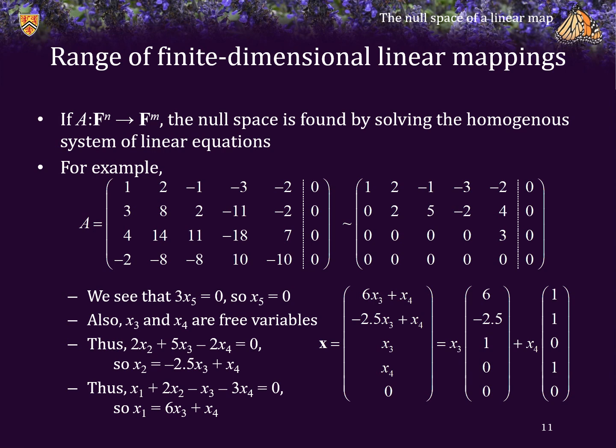Thus, our solution vector is shown here, and we see the solution vector is a linear combination of two vectors. You will notice that these two vectors are linearly independent because the vector corresponding to the free variable x3 is the only vector that has a non-zero entry in the third position, and the vector corresponding to the coefficient x4 is the only vector that has a non-zero entry at index 4.